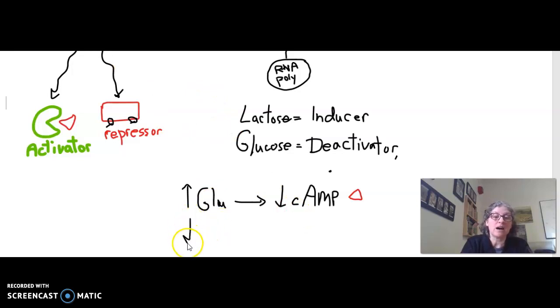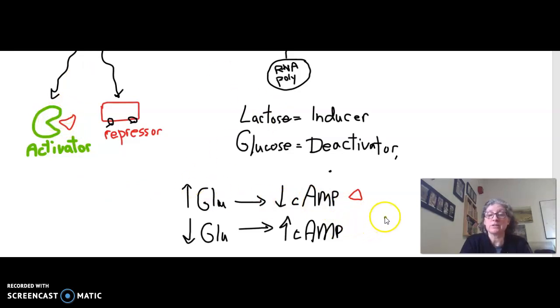So look at what glucose does. When glucose is high, there isn't any cAMP, so no activation. When glucose is low, it's just the opposite. There's a lot of cAMP. And that little red pie slice is then going to fit in here, and that's going to result in an activated activator protein.